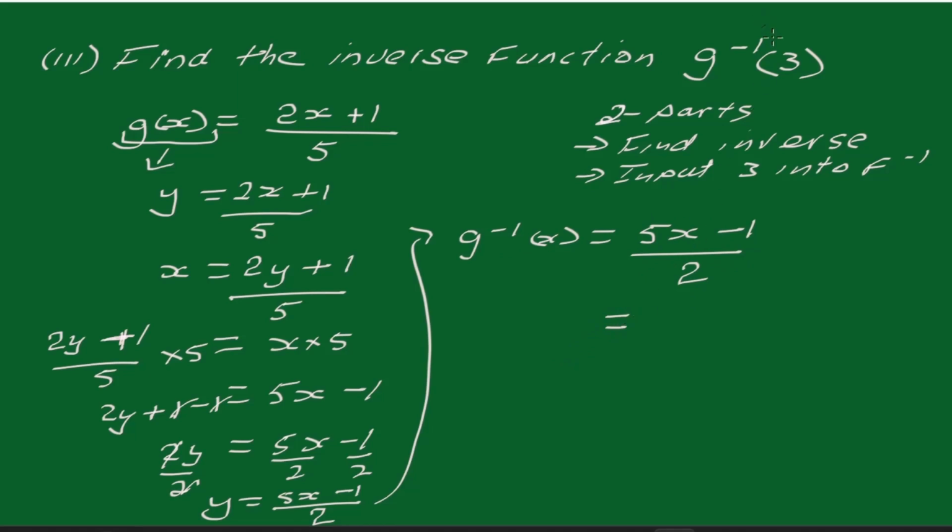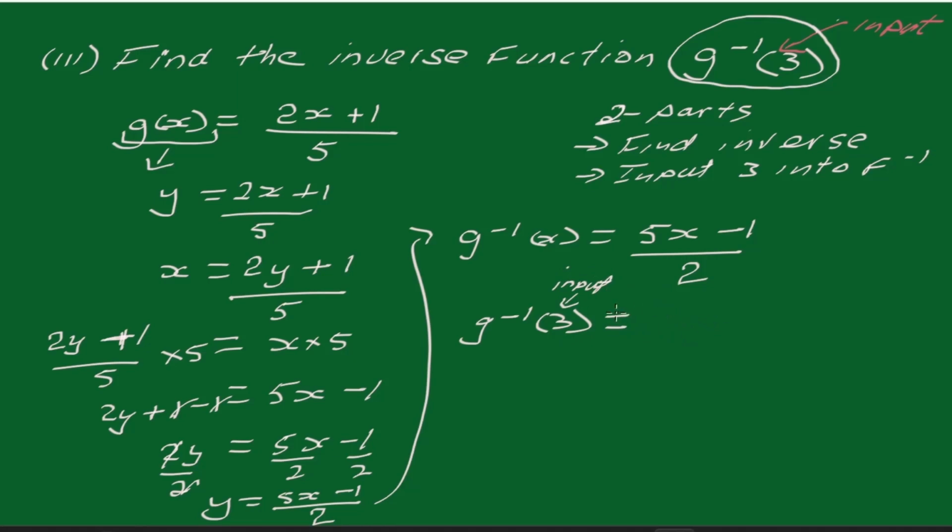Now the second part of our question is actually to work out the value of the inverse function when the input to the inverse function is 3. So I'm going to restate this expression here, and this indicates my input to the function. The input to the function, in this case again, is 3.